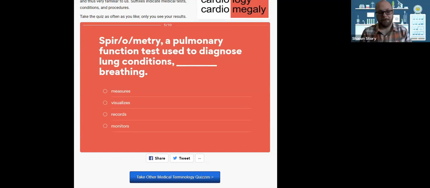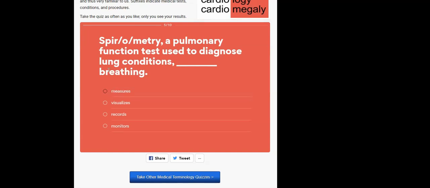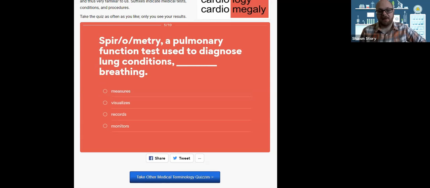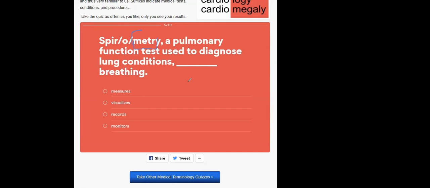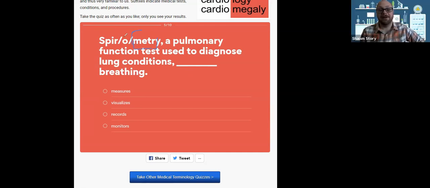What do we got? Have a spirometer. What is meter? When I see that in the word, isn't it like thermometer, measuring? Or a speedometer. Yeah, exactly.